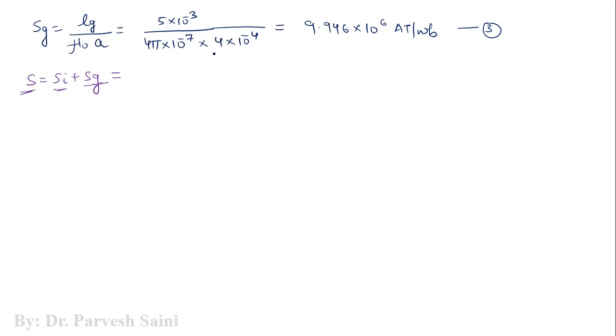So on adding these two values, 1.414 into 10 raised to the power 6 plus 9.946 into 10 raised to the power 6, this will be equal to 11.36 into 10 raised to the power 6 ampere turn per Weber. This is, let us say, 4.